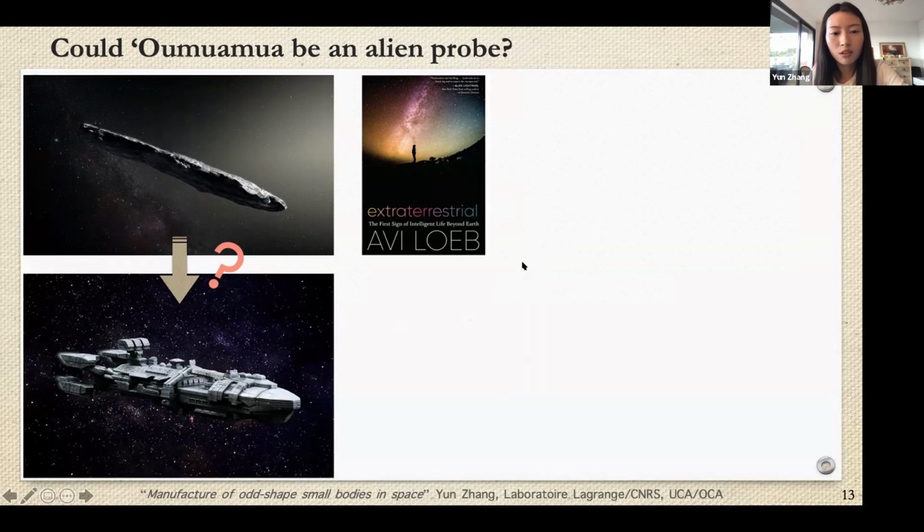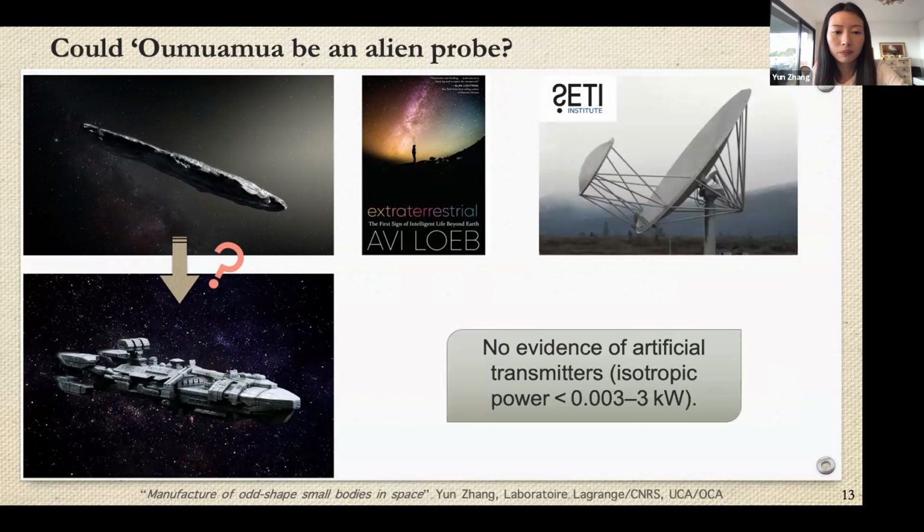But there is no compelling evidence to favor an alien explanation for Oumuamua from current evidence. Actually, scientists used the Allen Telescope Array to search for radio transmissions, which could help indicate a non-natural origin for this object. And they found no evidence of artificial transmitters within the measurement ability.